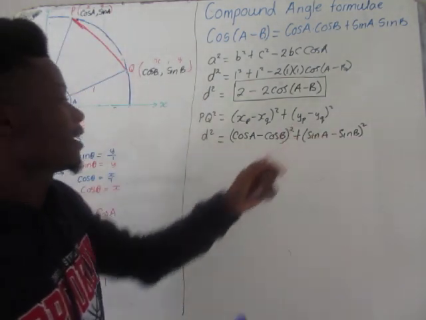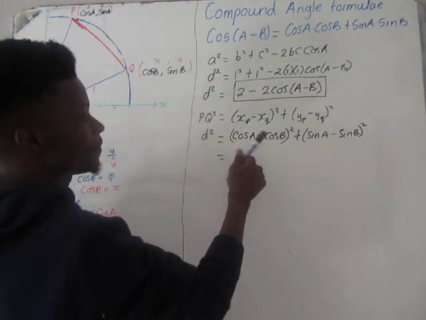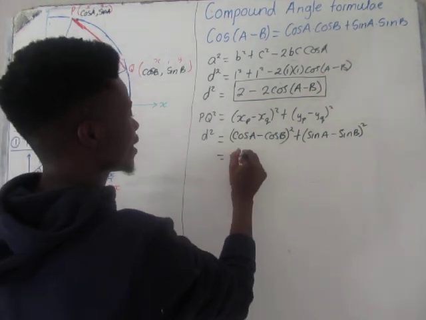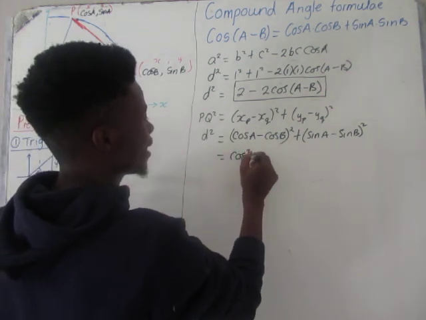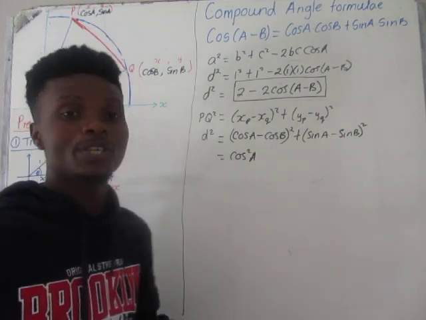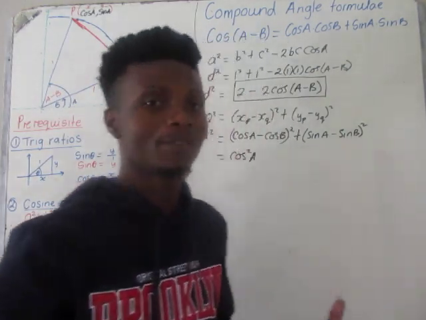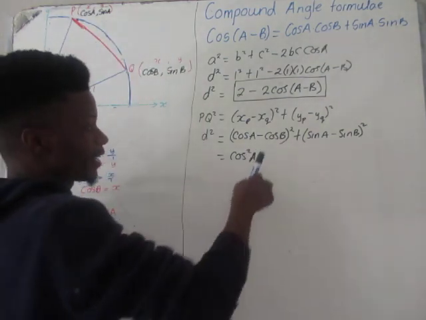Then let us clear this bracket. These are two terms, so you square this one, we get cos squared A. This is just the knowledge. You should be able to know how to clear brackets, but if you don't know, just go and check one of my videos on clearing brackets like this.